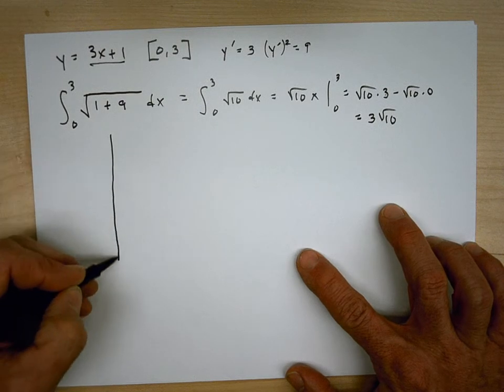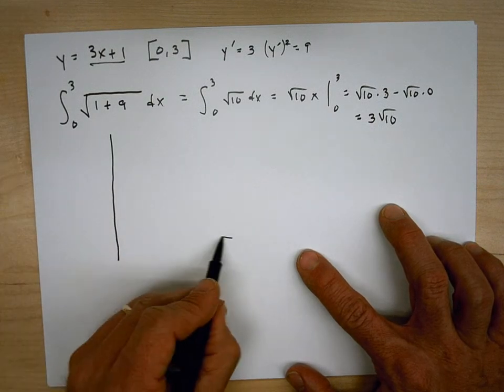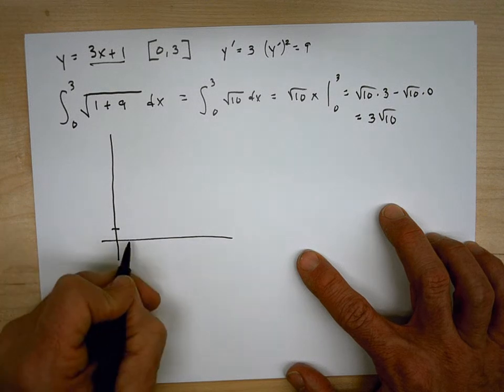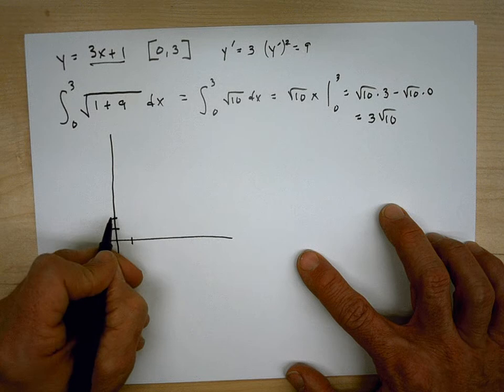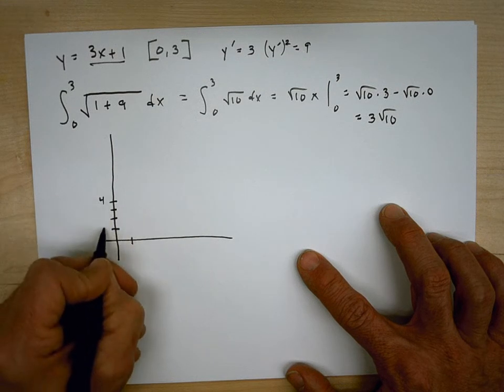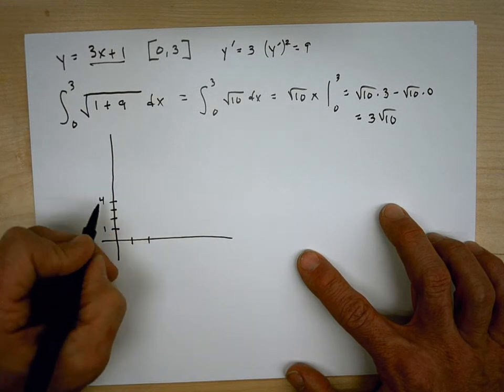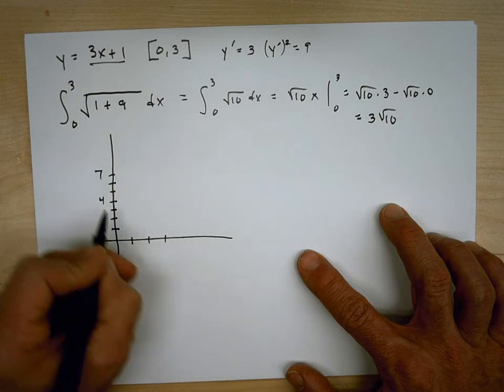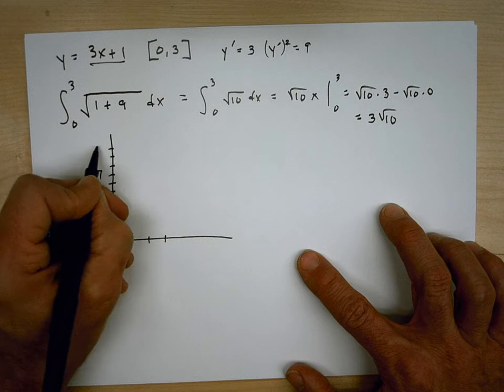Let's say I want to graph this thing. So we know the y-intercept is 1, all right? And then at 1, it goes up to 4, so there's 4. And at 2, it goes up to 7. And at 3, it goes up to 10, right?